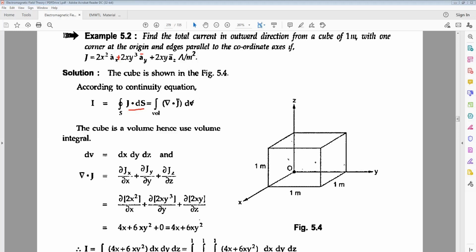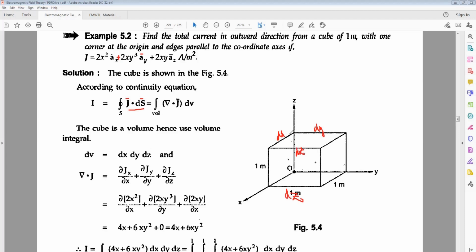In the same way, del dot D bar into dv; instead of D here, J is there, J bar dot ds bar. The volume of the cube, when you consider it in the Cartesian coordinate system, is a small differential dx, dy, and dz.